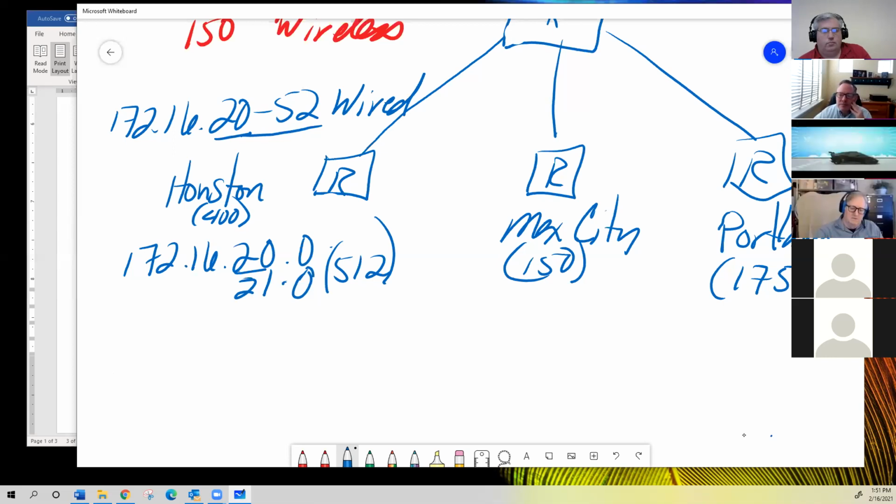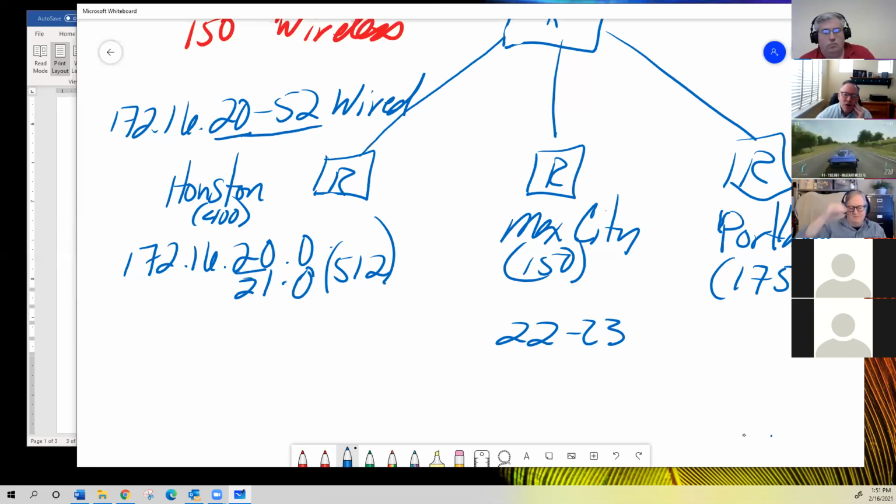Use 22 and 23 for Mexico City. You could do 22 and 23 if you wanted. Now, do I need 23 here? No, you wouldn't, because you still keep it under that 256 limit. Yes, because 150 is less than 256 in a standard class C. So the 22 net right here, I'm just going to call that 22 net.